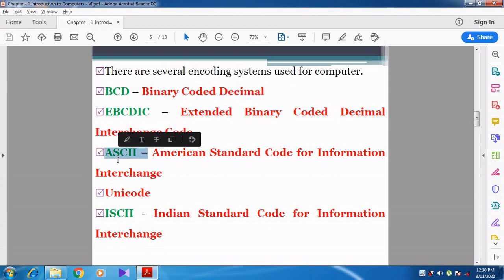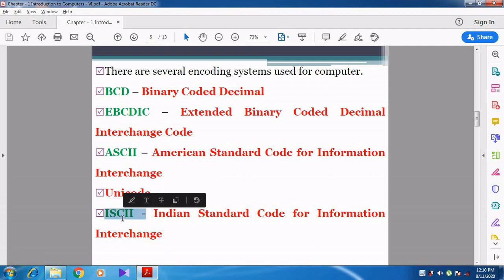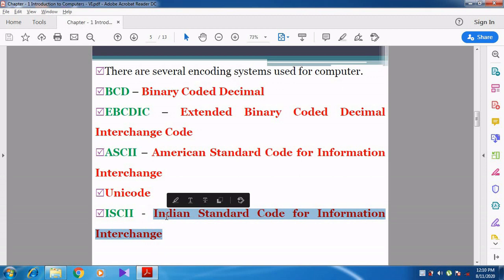Then we know very well ASCII, the format we are now using. ASCII, American Standard Code for Information Interchange. Then Unicode. Then ISCII. ISCII means Indian Standard Code for Information Interchange. These are the several encoding systems.